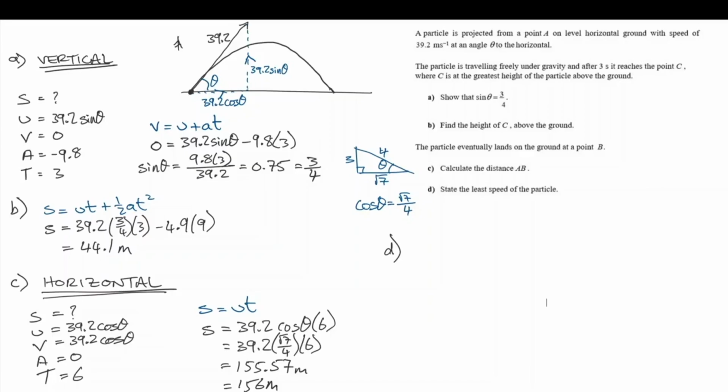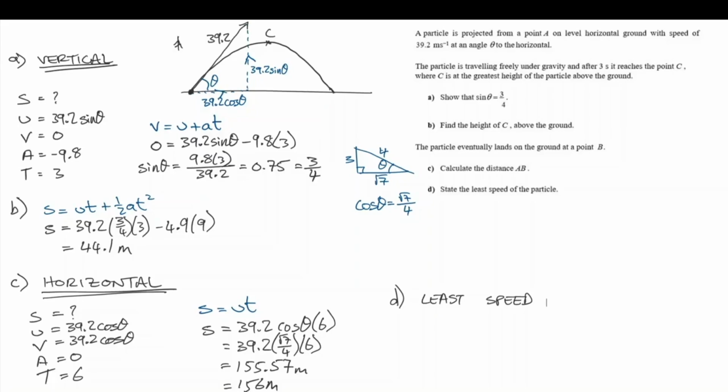The speed of the particle is always a combination of its vertical velocity and its horizontal velocity. The horizontal velocity never changes. So to get the least speed, we're looking for where its vertical velocity is the minimum. And we know that the minimum vertical velocity is v equals 0. If the vertical velocity is 0, that means that the least speed is when we have a combination of 39.2 cosine theta and 0.